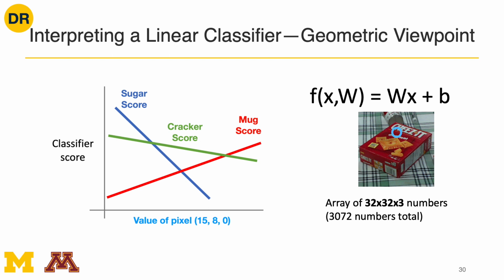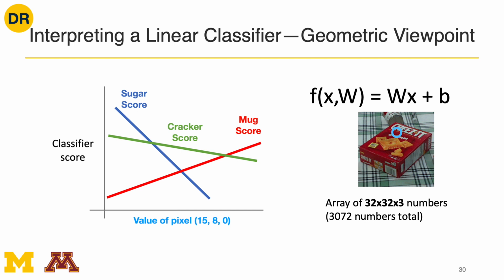The way then to interpret what particular category our overall model is predicting for a given pixel intensity value at that pixel is to just take the max score. So if the value of the pixel was where my cursor is here, in the center of the plot, our model would predict that it's a cracker box. But if instead that pixel was shifted in intensity to a higher value, our model's overall prediction would change to be saying that the mug has the highest score.